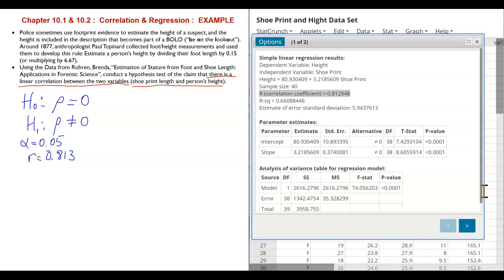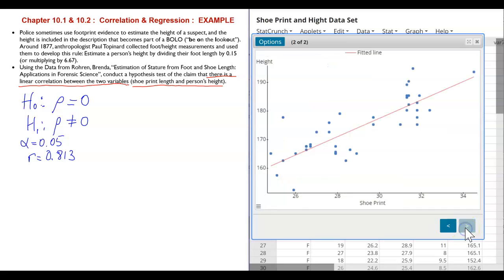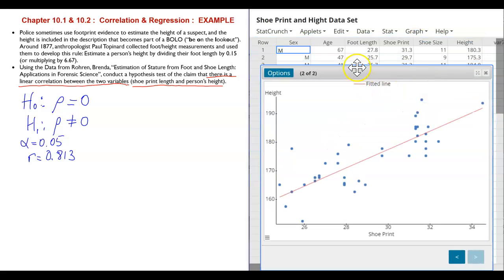And I almost forgot to check the requirements. So let's go back and check the requirements. To check the requirements, we'll need the scatter plot of this data. Click on the arrow to go to the next page. The first requirement is that the sample of paired data is a simple random sample of quantitative data. Yes, the data are quantitative.